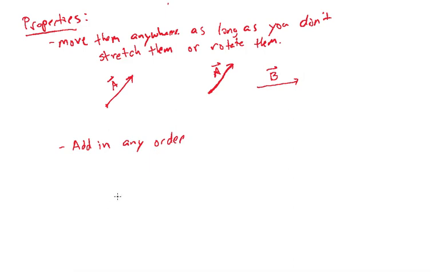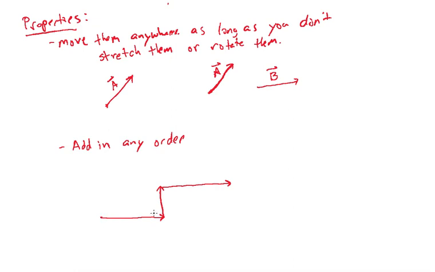Right? So the way you add these is you basically want to put them tail to tip. And the way I think about it is you want to use these arrows as though you're drawing out a path for someone to walk along and follow. So if I had, say, this vector, and then I went up to this vector here, and then I had another vector that went over this way, and I would just put these like this.